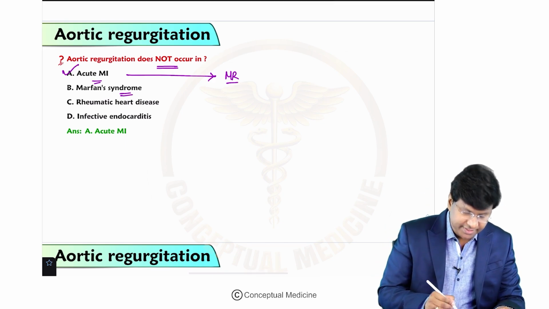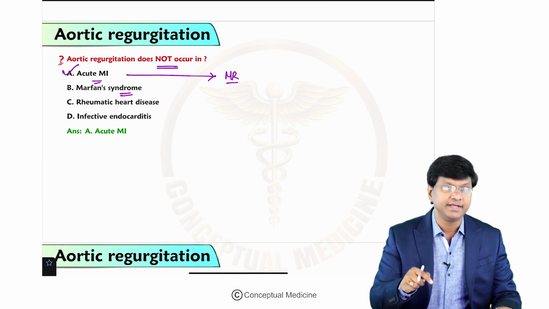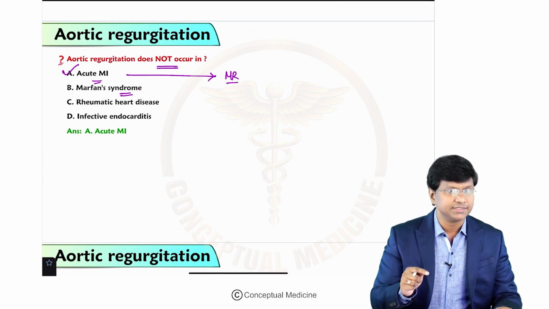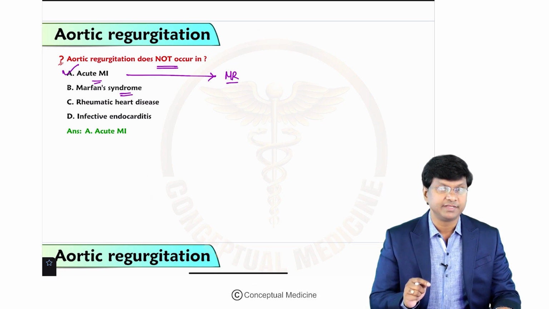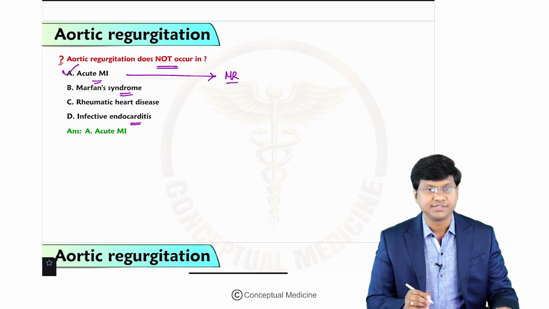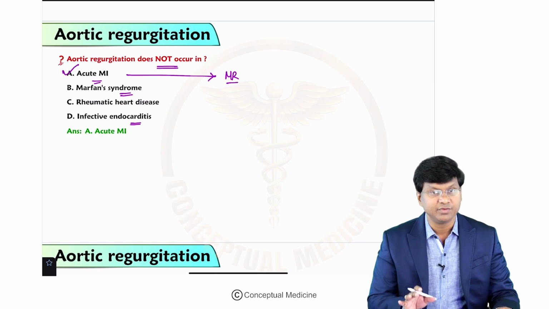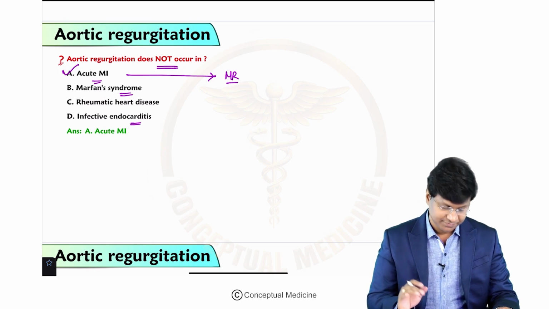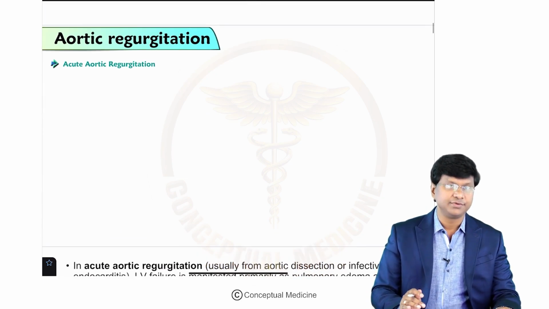Marfan syndrome is a connective tissue disorder where there is an abnormality within the collagen which will cause aortic root dilatation, causing aortic regurgitation. Then rheumatic heart disease, where the pathology is in the valves, and then infective endocarditis. So these are all the etiologies which will cause aortic regurgitation, but acute MI will not. Now you need to know the clinical presentation of patients with aortic regurgitation.